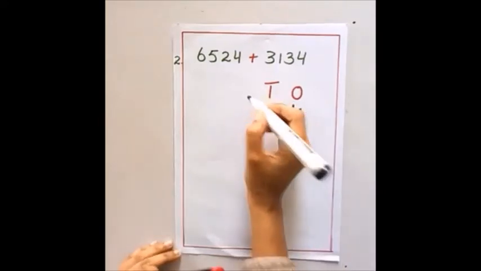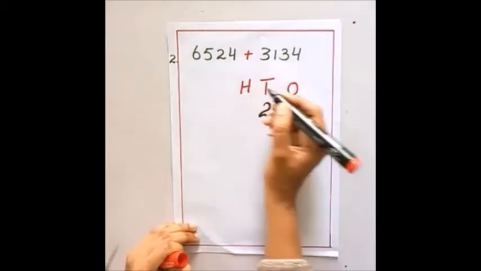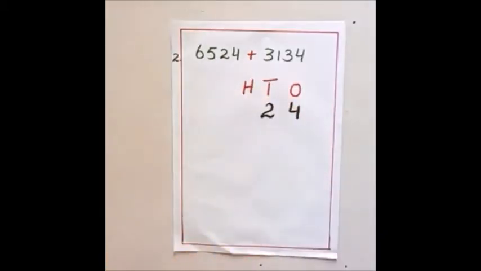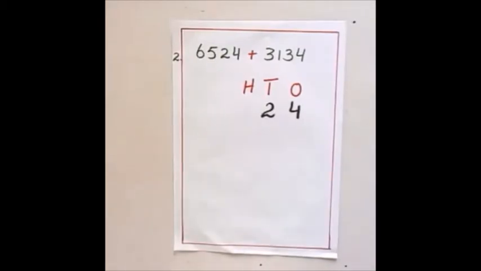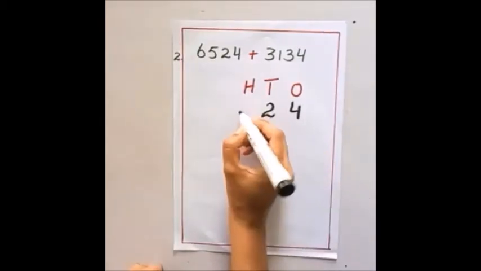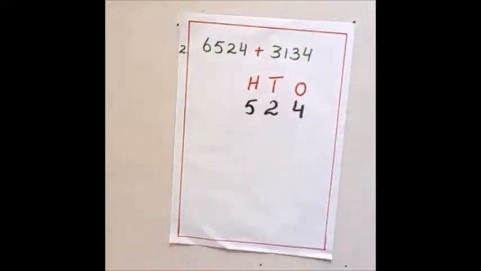Then in the hundred place, there is a number 5. So I will write 5 under the hundred place.